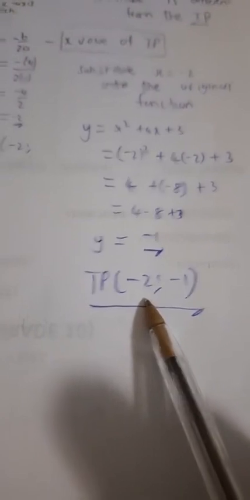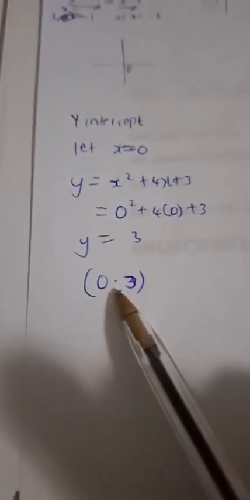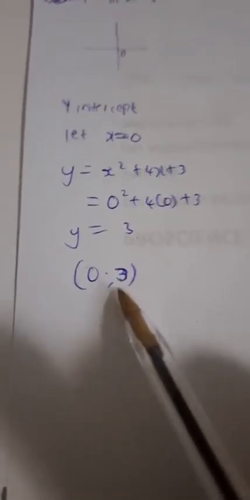Coordinates 0 and 3. I'm sure you can see the turning point is -2 and -1, whereas the y-intercept is 0 and 3. They are not the same thing. So now we are in the position to sketch. Very beautiful position to sketch our function.